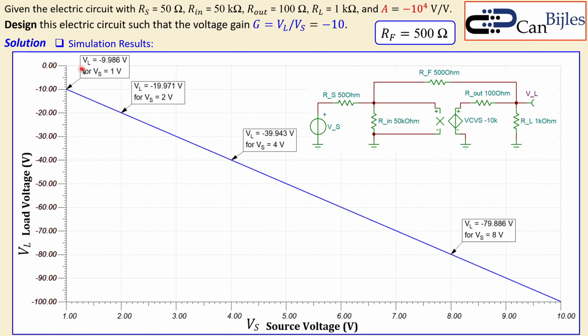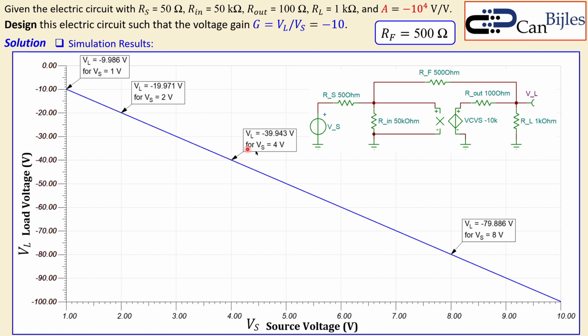Now you can see at VS of 1 volt, I get VL of minus 9.986 volts. So approximately minus 9.99 volts. So very close to minus 10 as a gain, because this over that will give you approximately minus 10. Now at 2 volts, as another data point, you can see this is also producing almost minus 10.